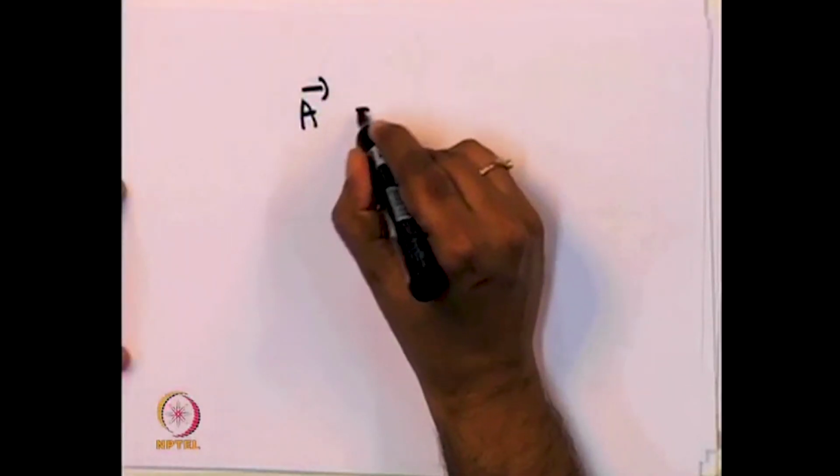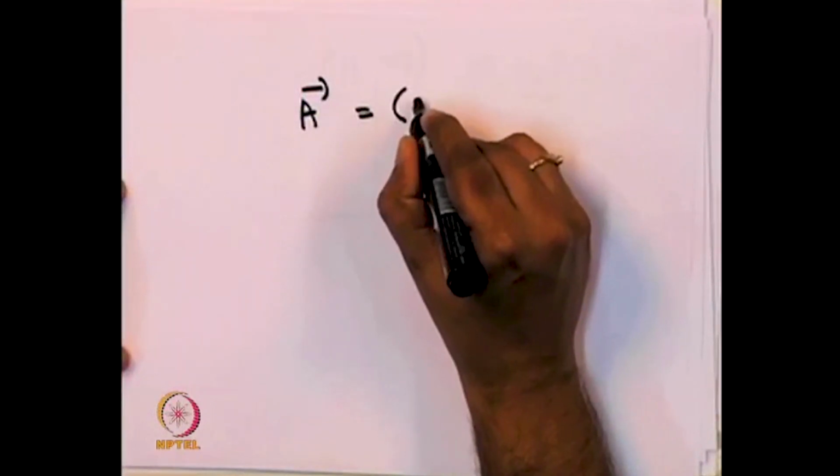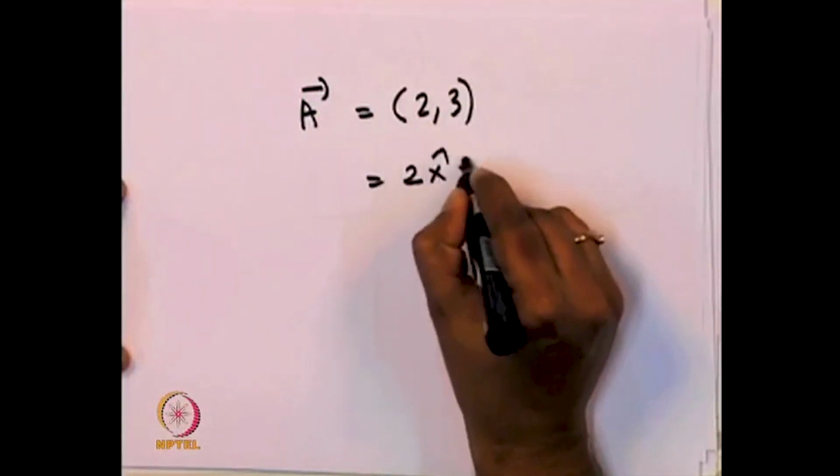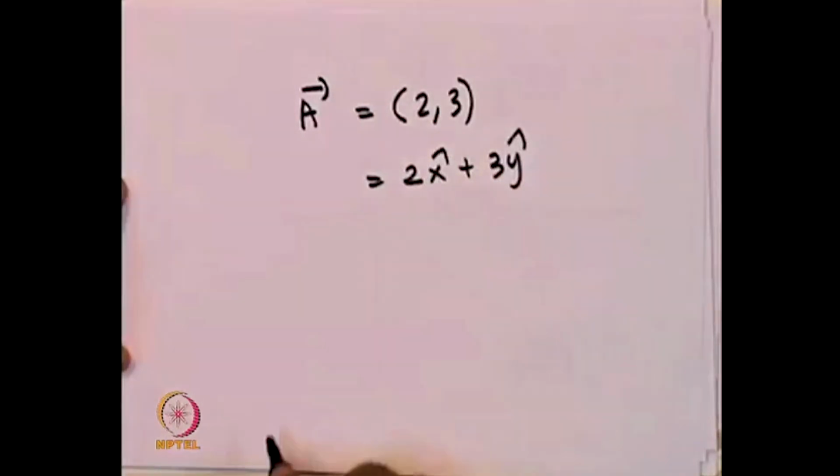Just simply sum the components. So, we said that any vector can be represented by 2 components. So, vector A, I can say is 2, 3. What would that mean? It means 2 along the x axis and 3 along the y axis.